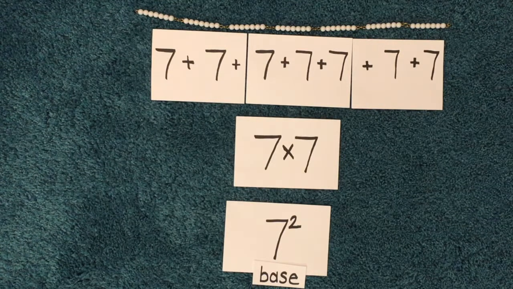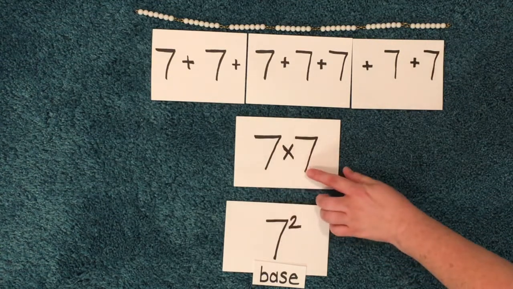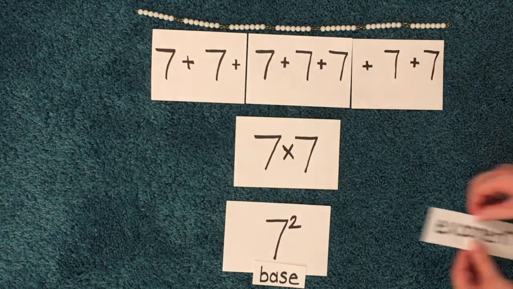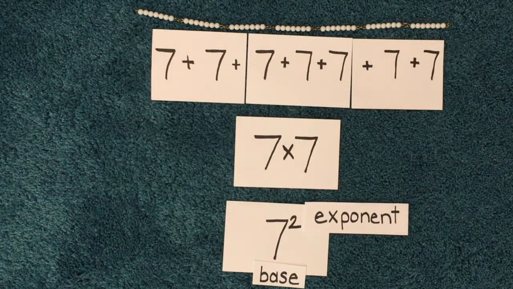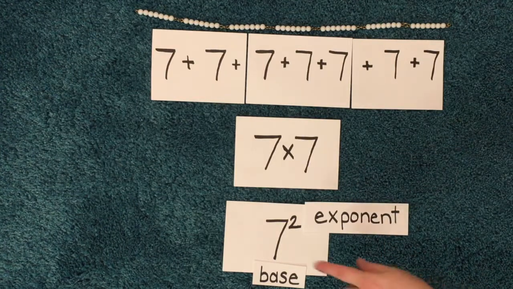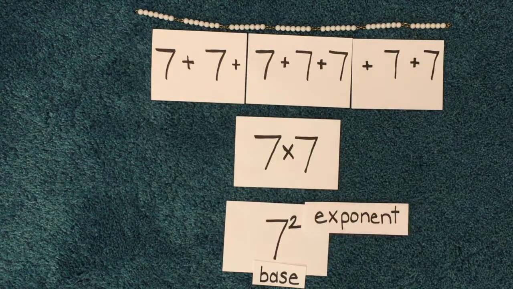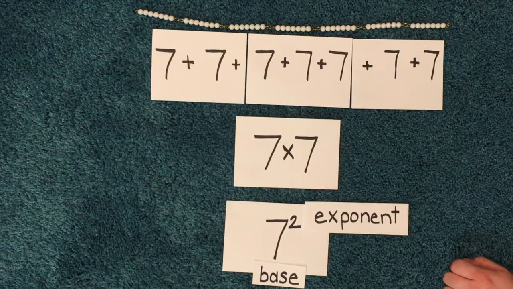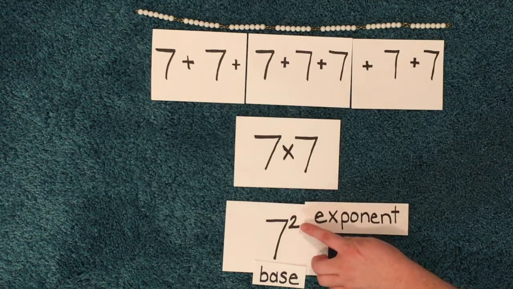And then you look at how many times it's repeated. And here we have it 2 times. So we put a 2 for our exponent. So this would be 7 to the second power, 7 raised to the second power, or 7 to the second.